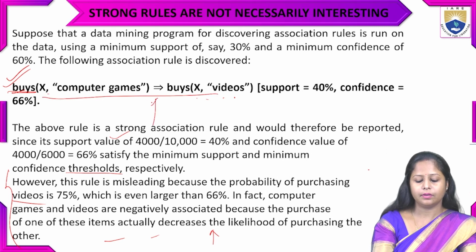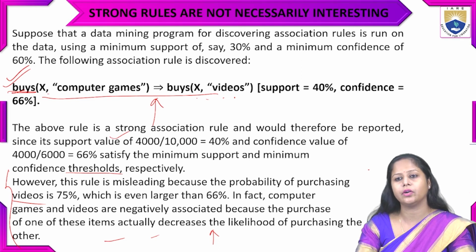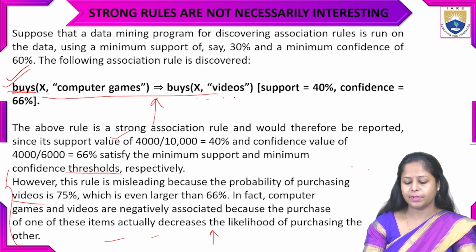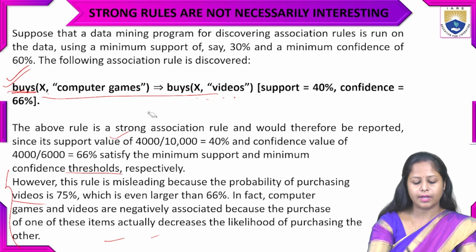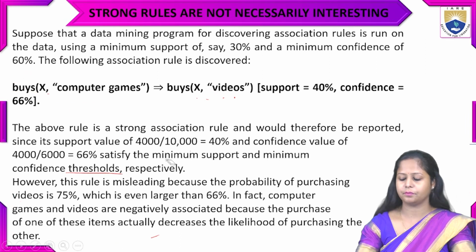Either this was a strong rule, but that is not necessary; it will be interesting for the user whether to use it or not. So that was the misleading condition we have seen in this example. Rules of this type can mislead users.